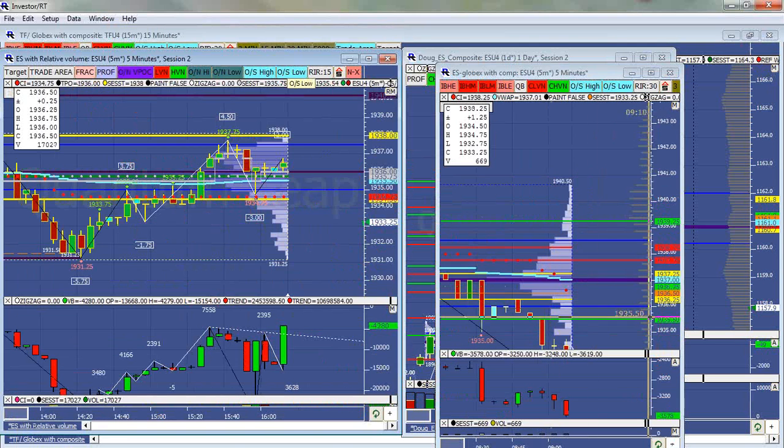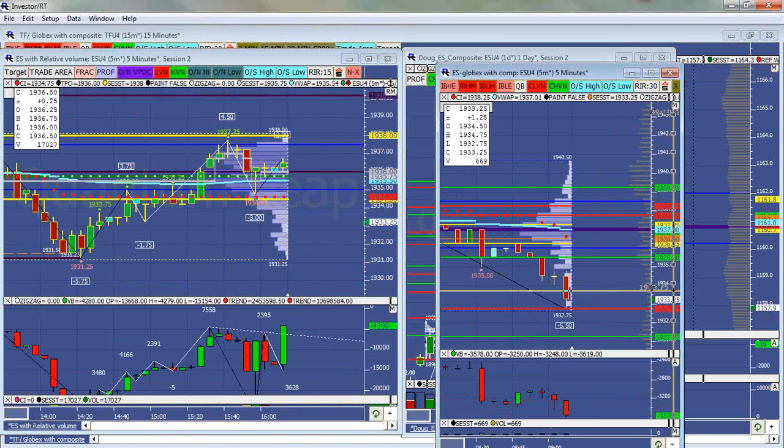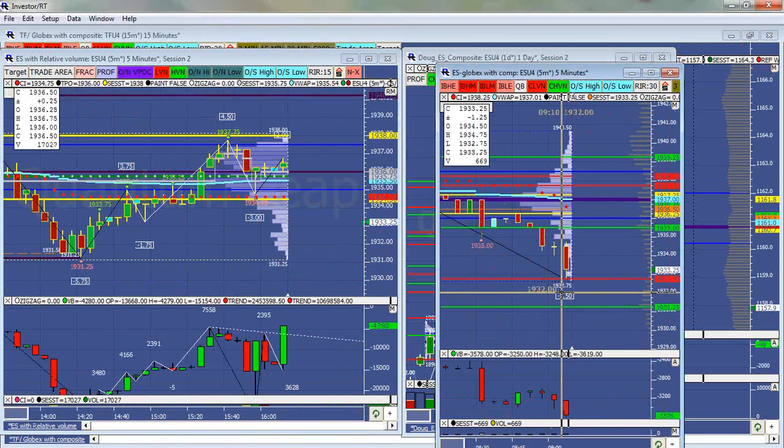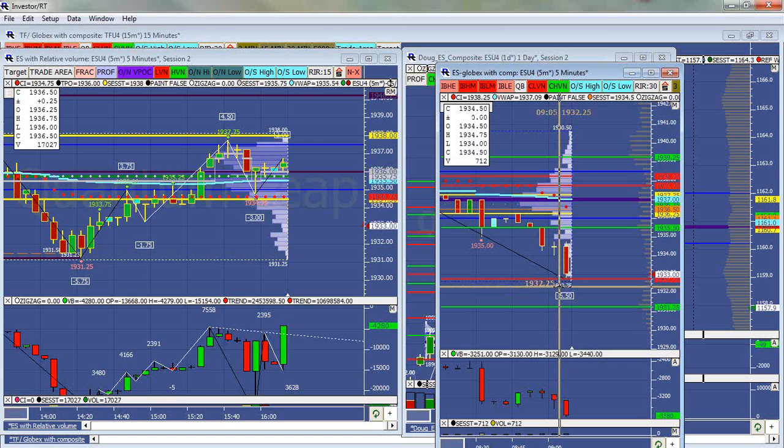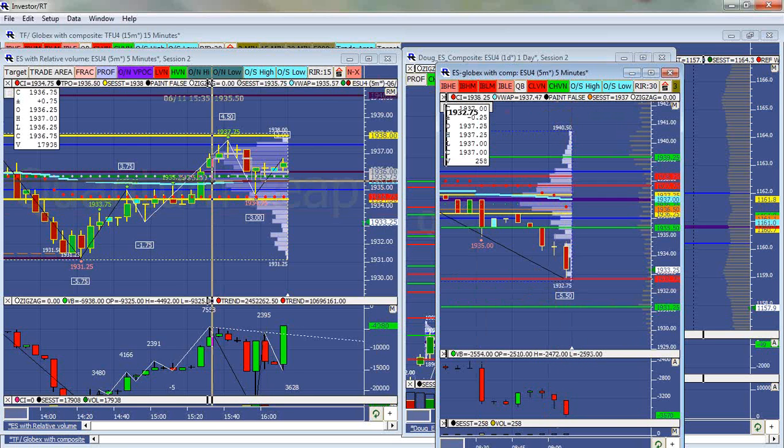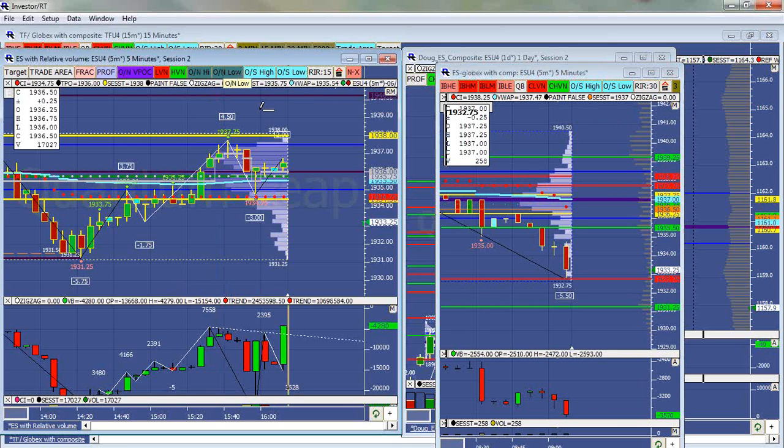All right, so overnight right now in the June contract, oh, we just put a new low in while I was talking. So we're coming down and testing these lows right now. Currently our overnight low is 32.75.